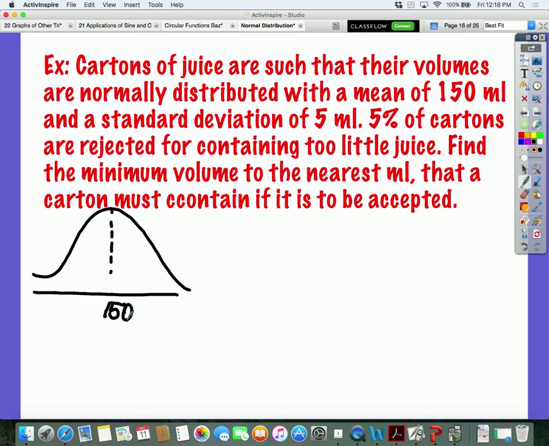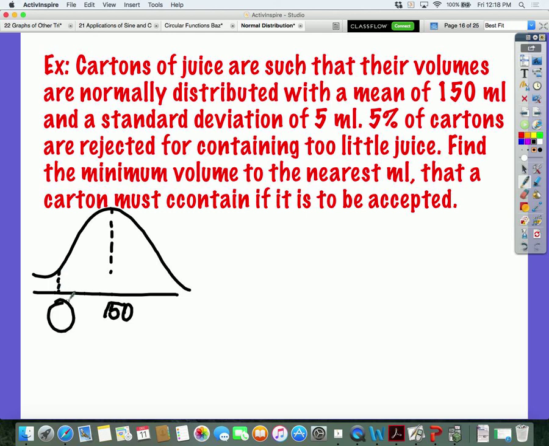Okay? So your mean is 150, and you're trying to find the value where 5% of the cartons are rejected, okay, for having too little juice. So, you're going to do the inverse norm, and what's your probability? 0.05, okay?